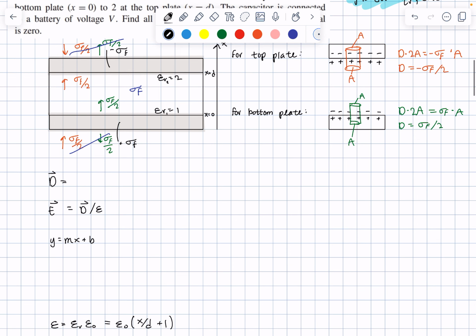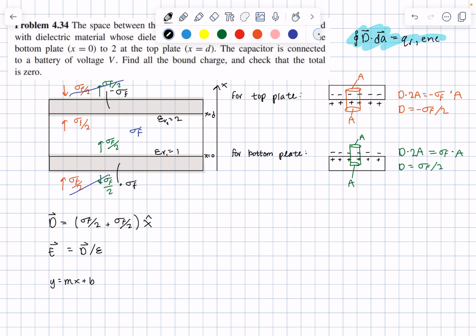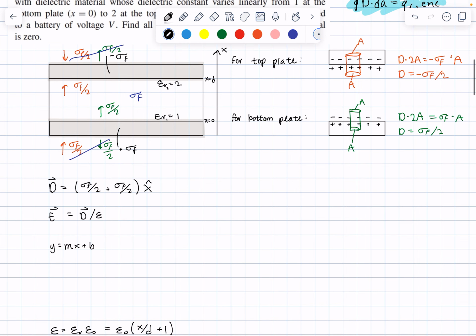So then our displacement vector will be our free surface charge density over 2 plus free surface charge density over 2, and it's in the positive x hat direction as the way we've defined our axis. So our displacement is our free surface charge density in the x hat direction.